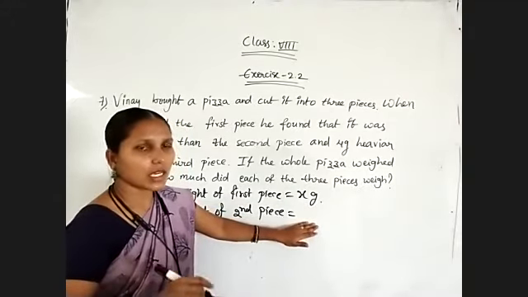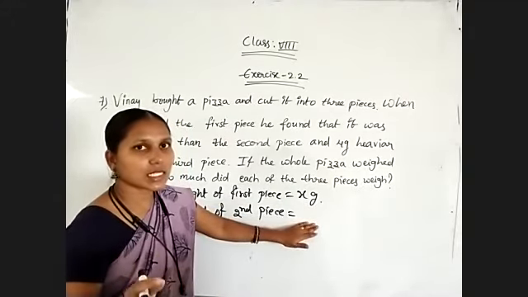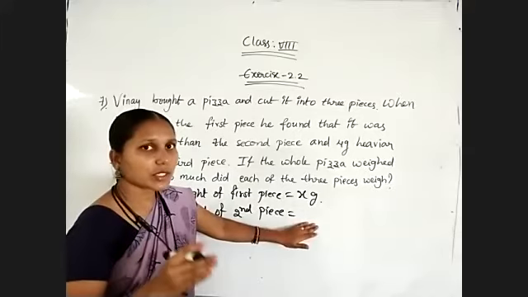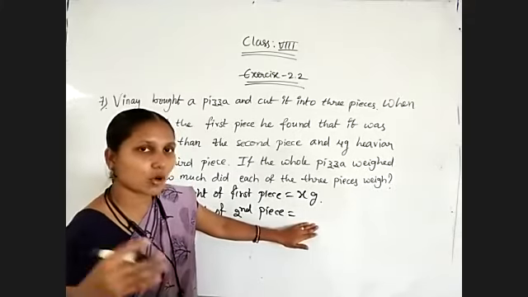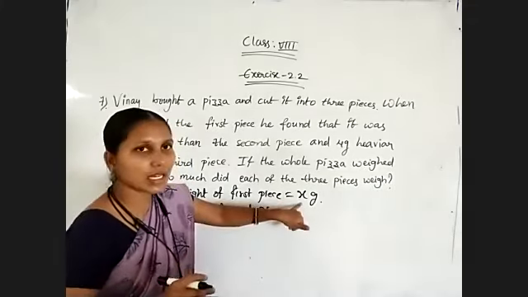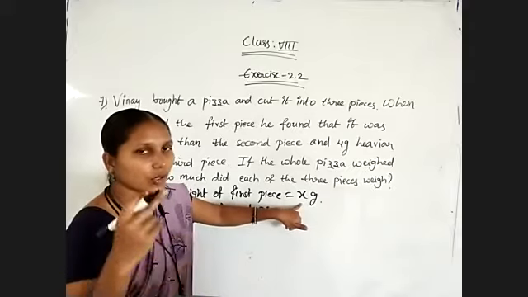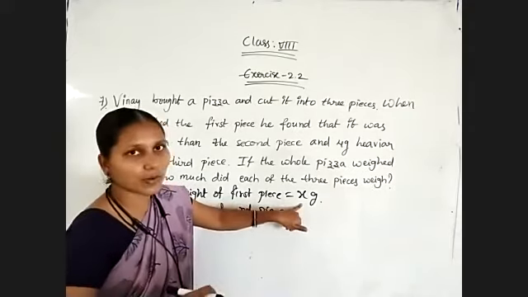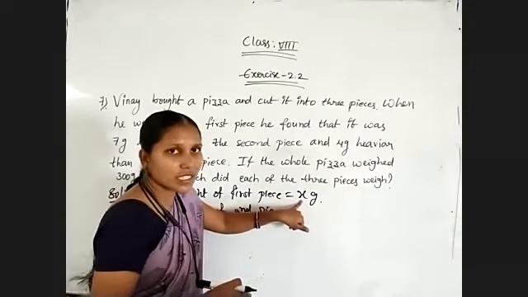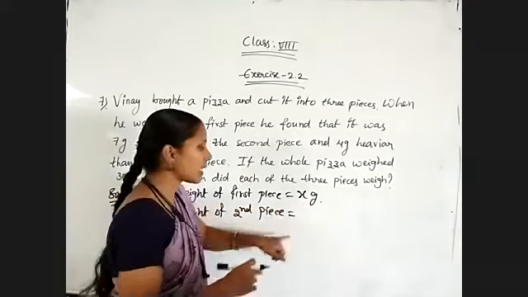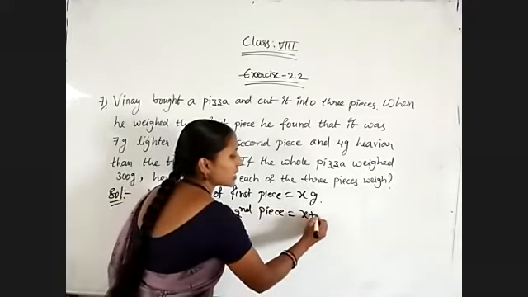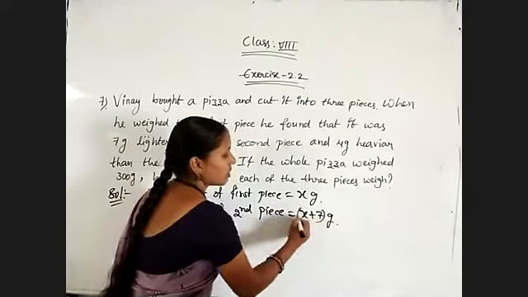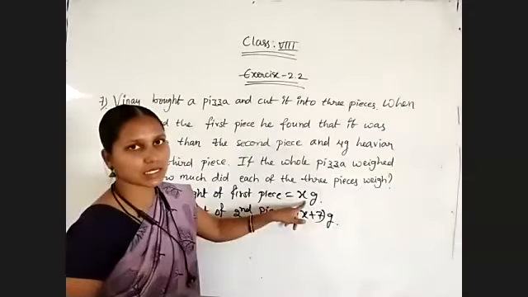If your brother is 2 years younger than you, you are 2 years more than your brother. So if your brother is 10 years, your age will be 10 plus 2, 12 years. Here the first piece weight is x grams, the second piece weight will be x plus 7 grams.